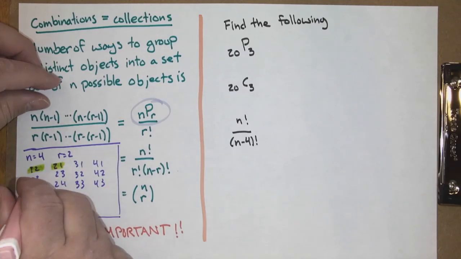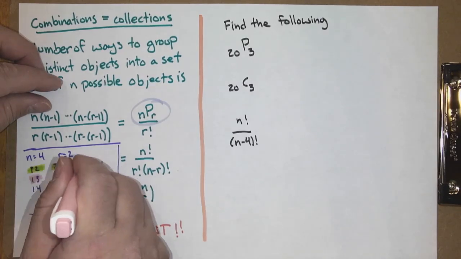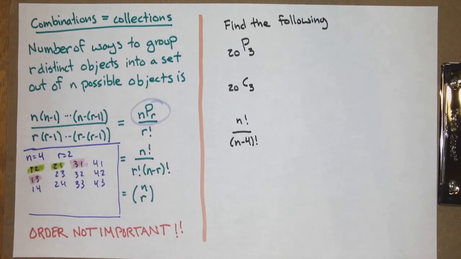Yeah, like the 1, 3 will match with the 3, 1. And you can go through and do this very systematically. Whoops, I wrote down 3, 3. That's not right. I should have written down 3, 4. My apologies. But you can go through and just systematically pair things up.